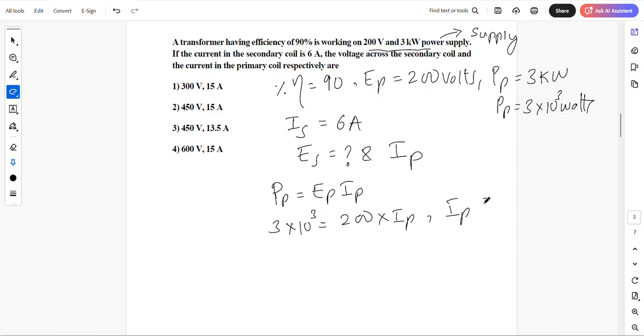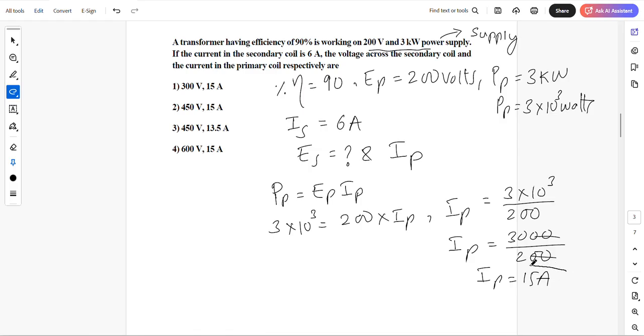IP is 3 into 10 to the power of 3 divided by 200, that is 3000 divided by 200. The zeros get cancelled. IP is equal to 15 amperes. See here also, 15 is there.